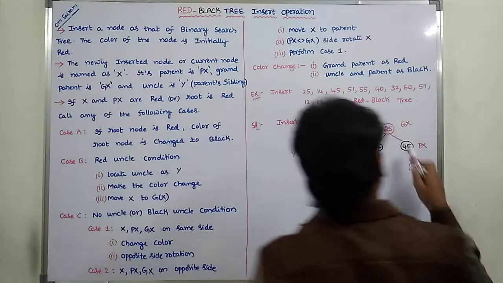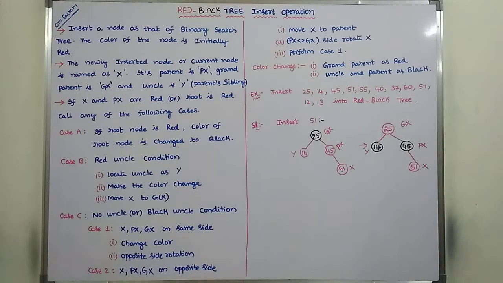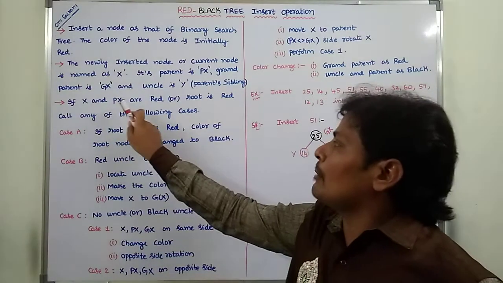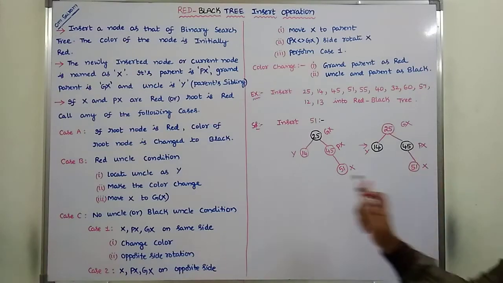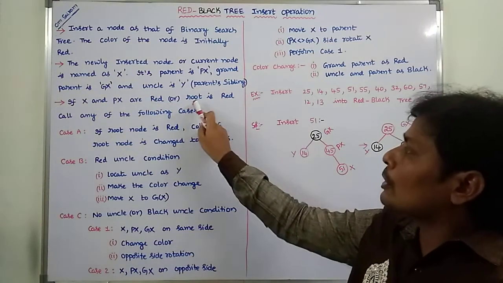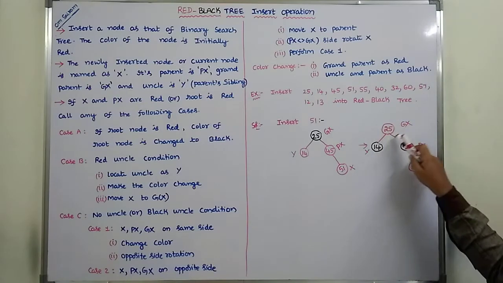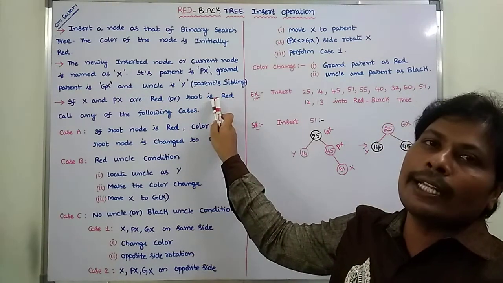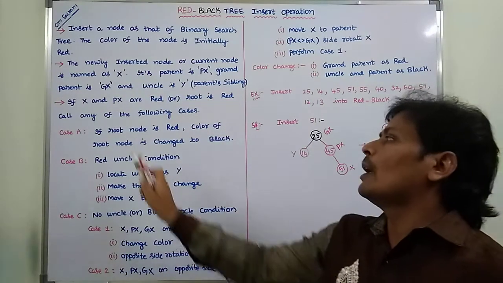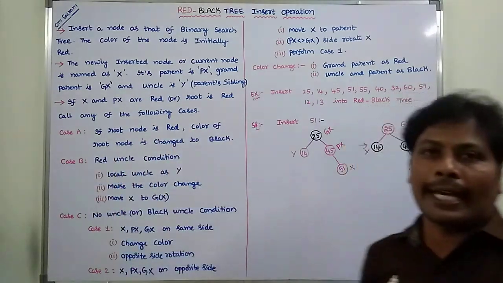Now is this a red black tree or not? So first condition: if X and PX are red, this condition is false, or root is red. As root node is a red node, one is false and another one is true. Total is true. Call any of the following cases.